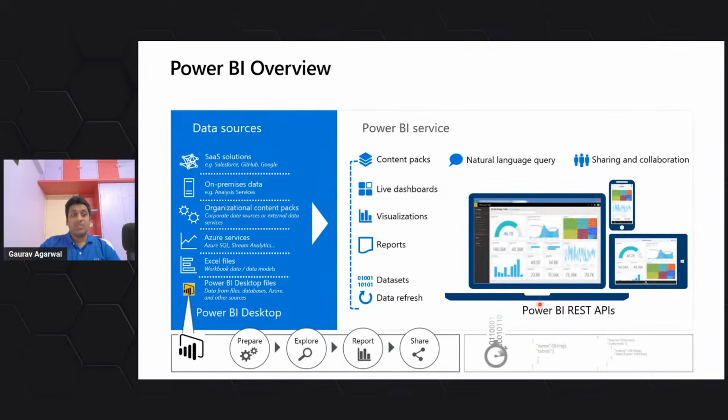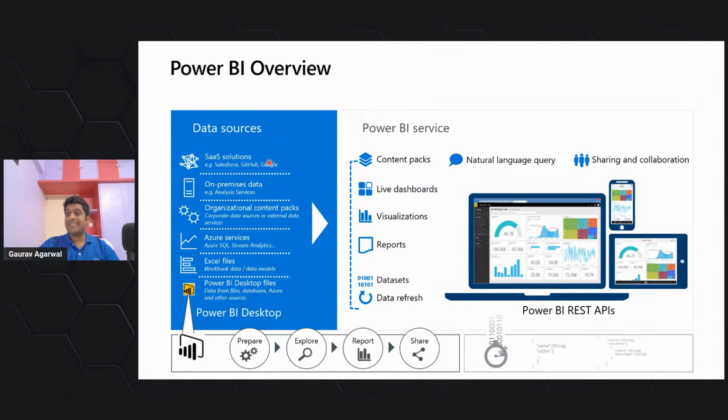Okay, now moving further, as an overview, this is what exactly you do and how it actually works. So basically you will be using a desktop tool, which is typically used to prepare or explore your data, and you will be connecting to a wide variety of different data sources using it.